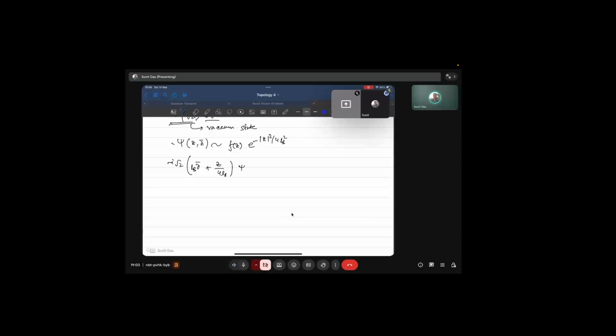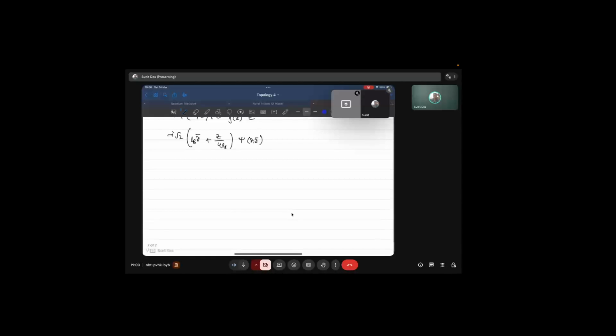If you apply this, what you will find is minus i root 2 f of z e to the power minus z bar z by 4 l_B square, and then the derivative with respect to z bar.